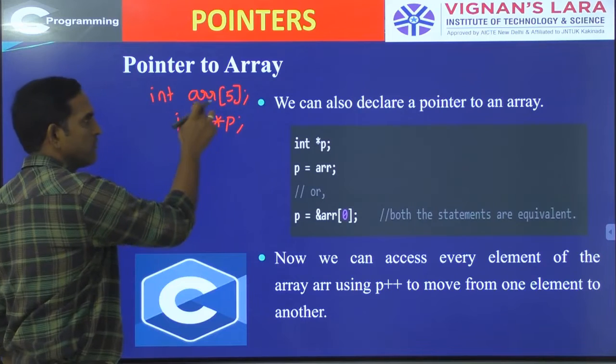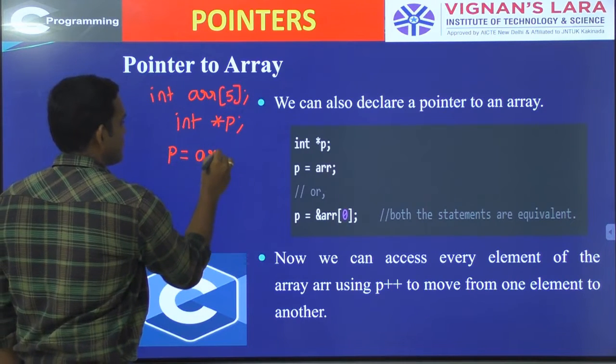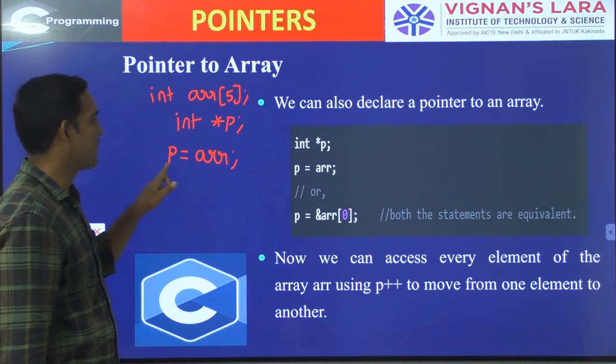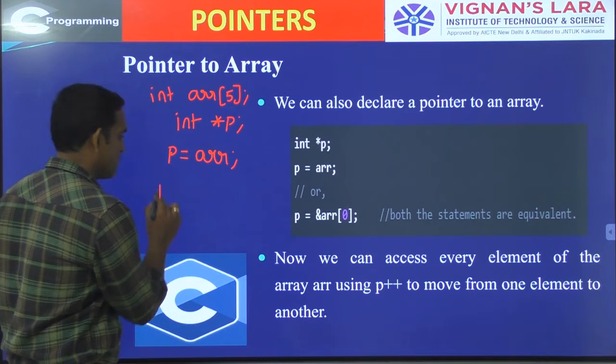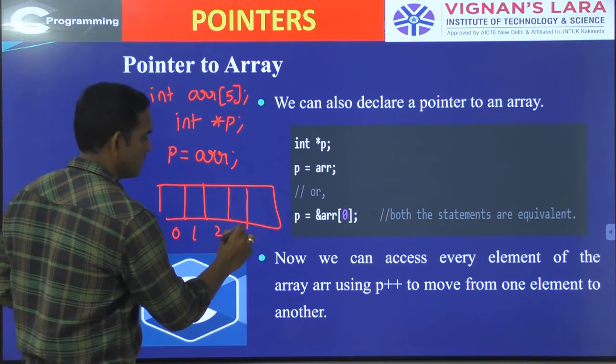As you know, the name of the array is a pointer, so you can directly assign the name of the array to P. Now P also becomes a pointer to the array elements. So what is happening here? If you have your array like this, with 0, 1, 2, 3, 4.